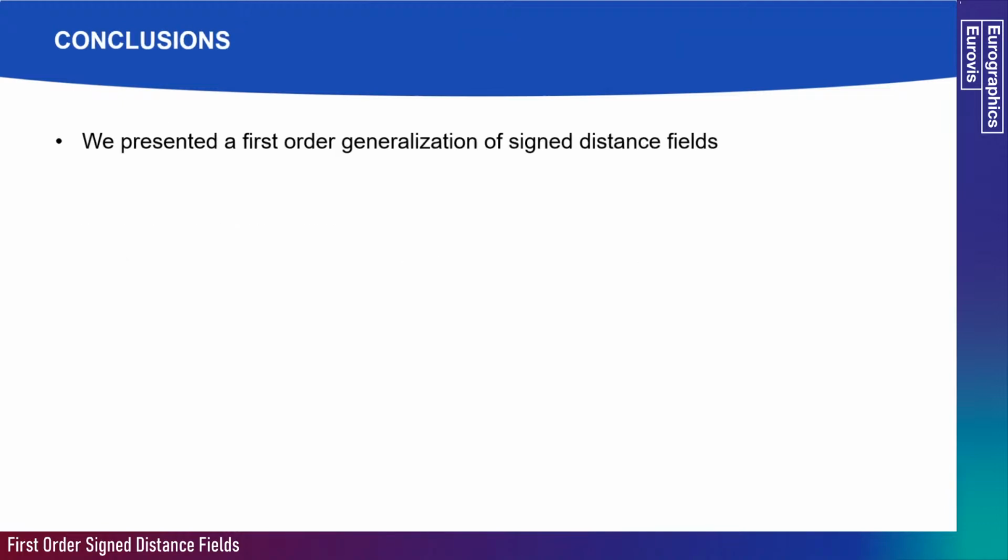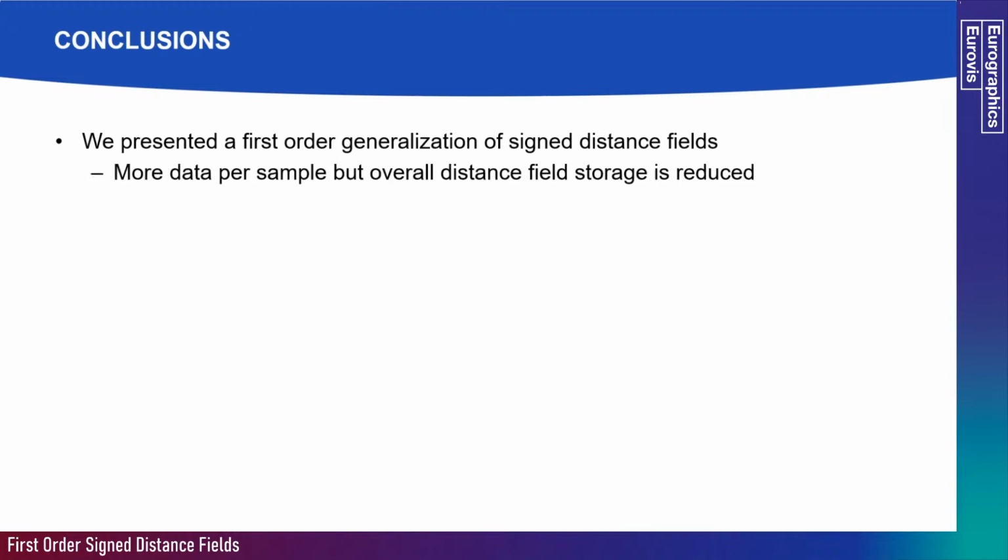In conclusion, we have shown a first-order generalization of signed distance fields based on Taylor's approximation theorem. It is a more efficient way to utilize the available bits of storage. It means that we are better off storing first-order samples than just increasing the number of zero-order samples. This representation increases the computational cost of distance field queries.